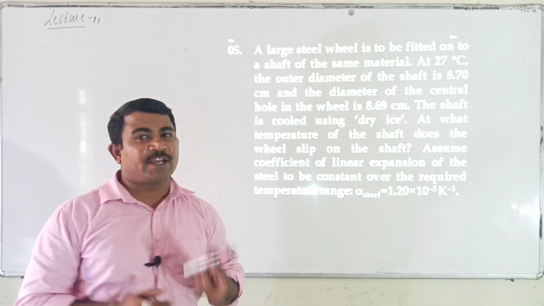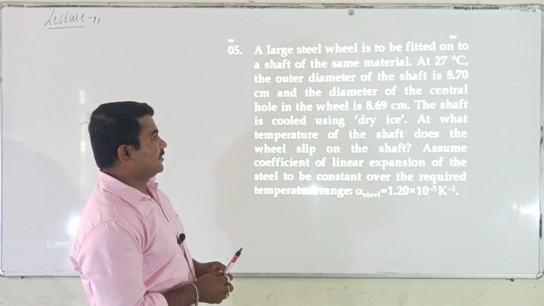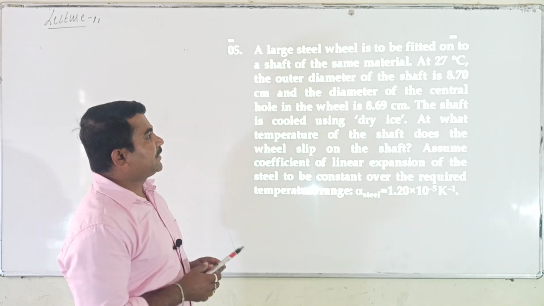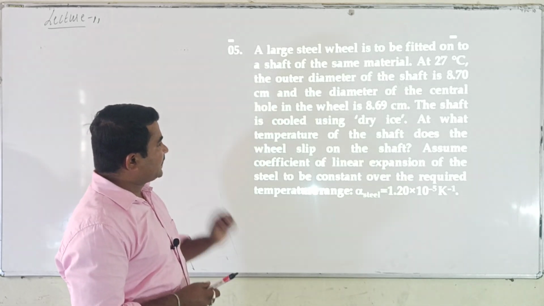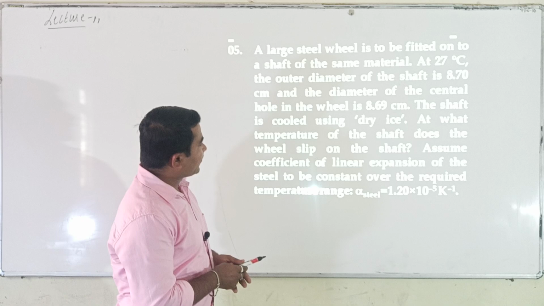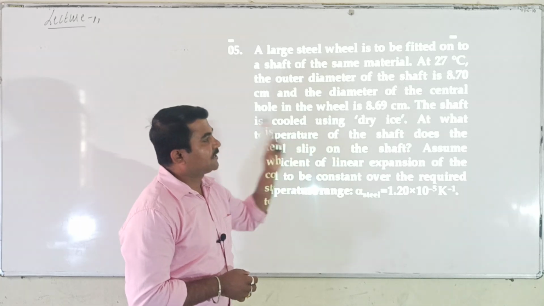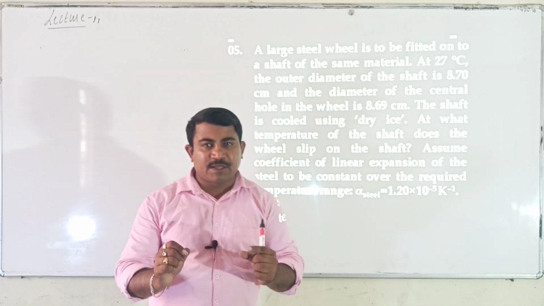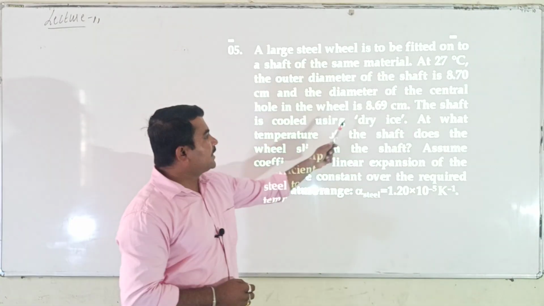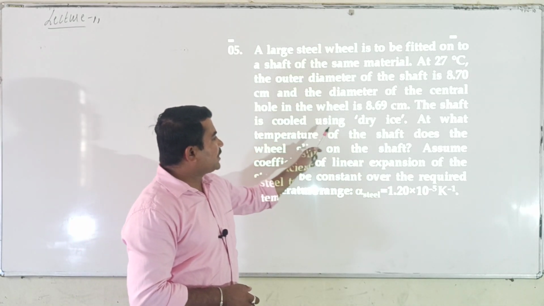Okay students, the next numerical is: a large steel wheel is fitted on a shaft of the same material. At 27 degrees Celsius, the outer diameter of the shaft is 8.70 centimeter and the diameter of the central hole in the wheel is 8.69 centimeter. The shaft is cooled using dry ice.